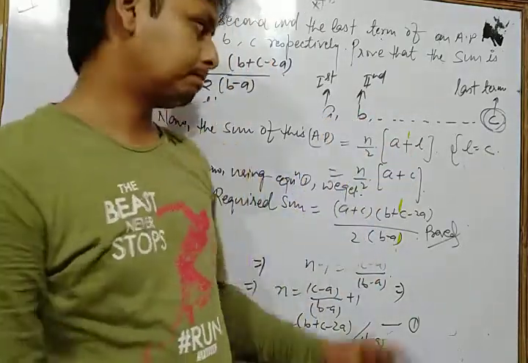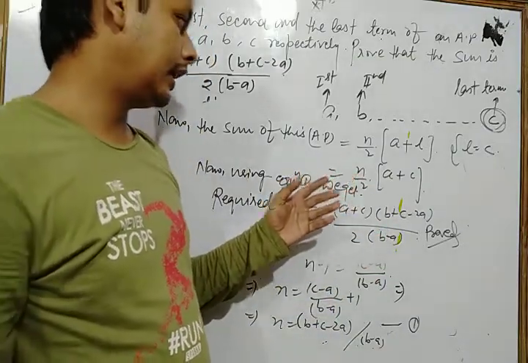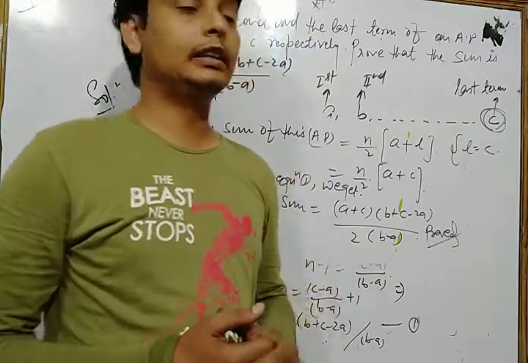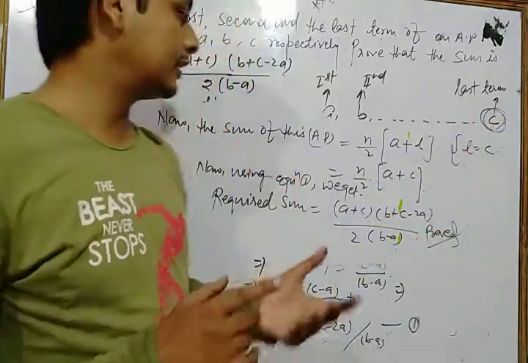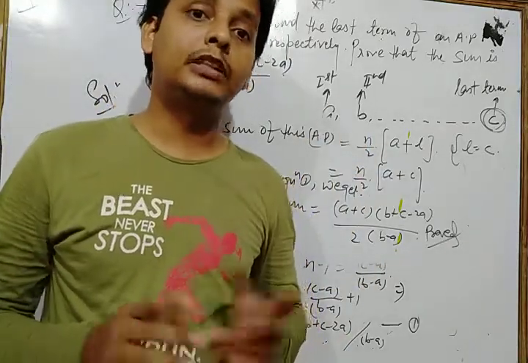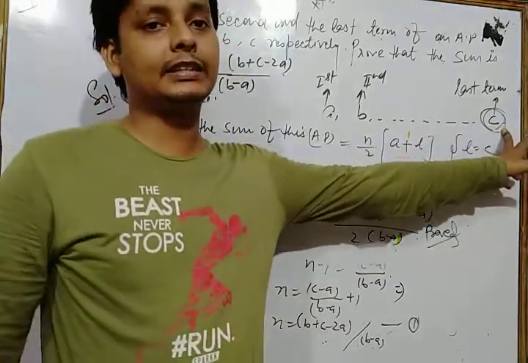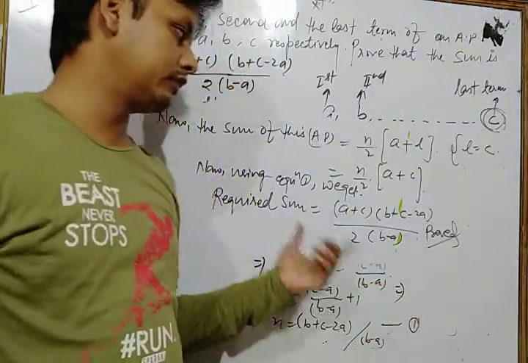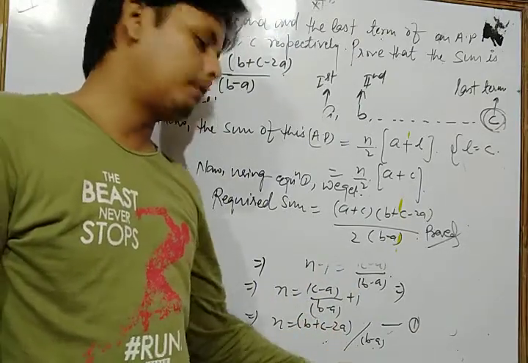After that we apply the nth term of an AP. You know that the last term of an AP is also known as its nth term. Let n be the total number of terms of this AP, so the nth term is equal to the last term, that is C. From that equation we get n as b plus c minus 2a upon b minus a.